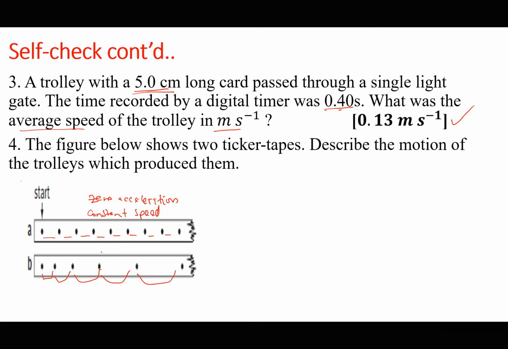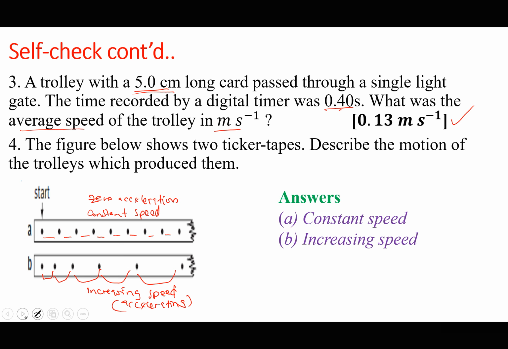So this is increasing speed. Because the dots are made after the same time interval, the time is the same. But if the distance becomes bigger, it means the speed is increasing. So yes, increasing speed, or we can say accelerating, because increasing speed means acceleration.